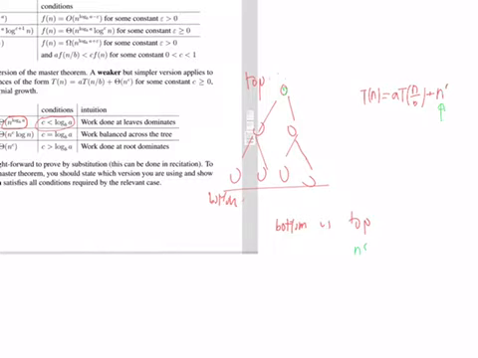And for the bottom level, the work done across the whole layer is just the number of nodes, because the work done at each node is 1, it's the base case. So how many nodes are there? Well, it's a to the 0, a to the 1, a to the log b of n. So it's a to the log b of n. So now we just have to compare these two values.